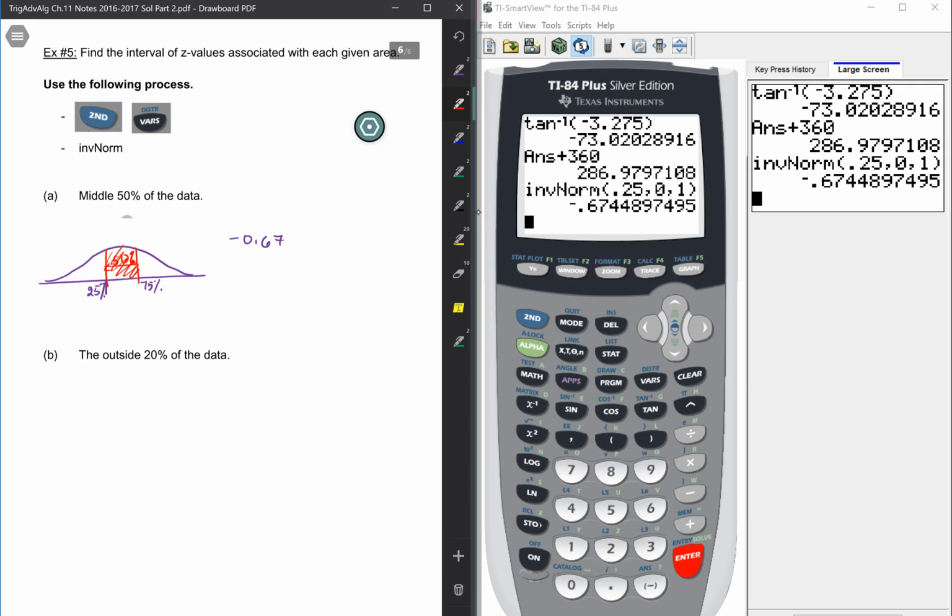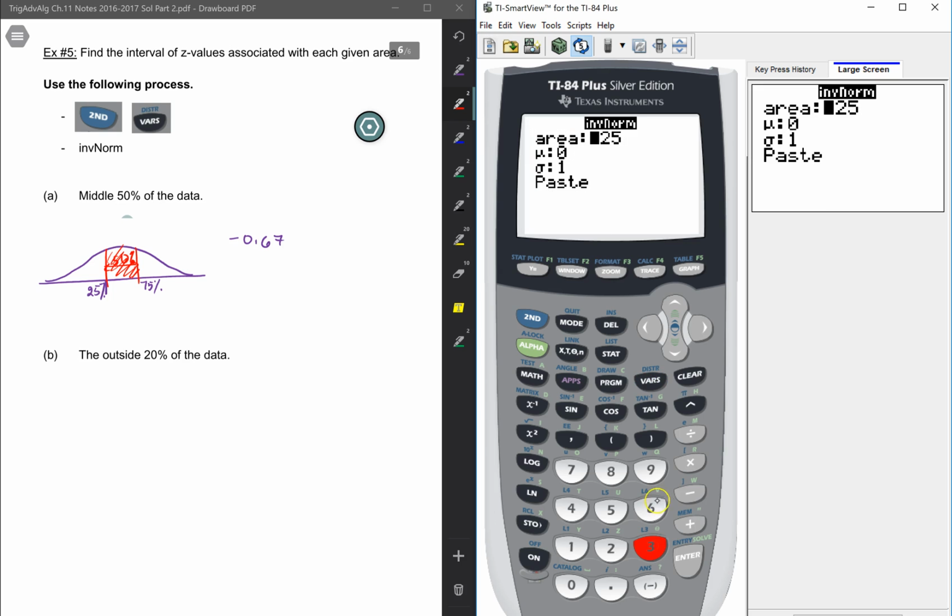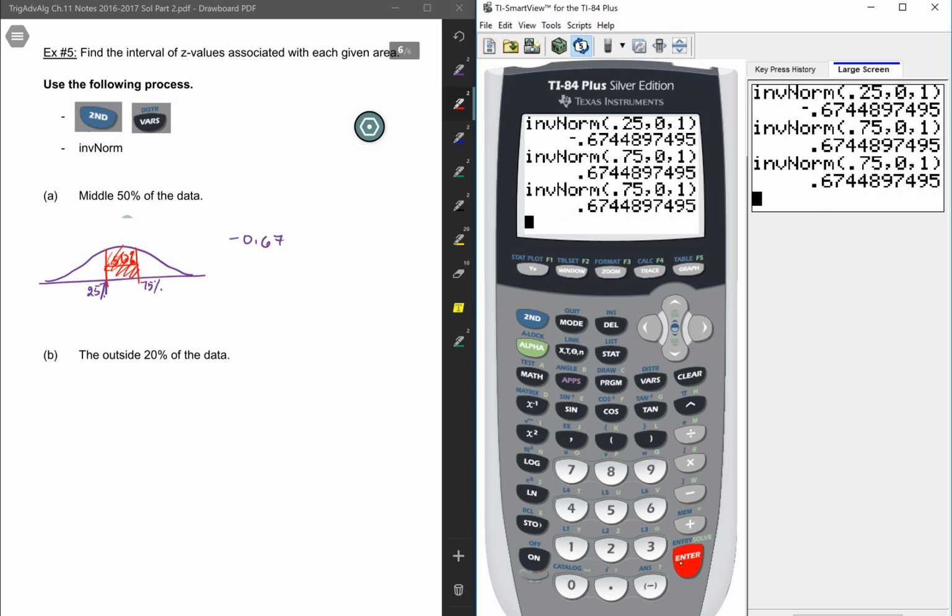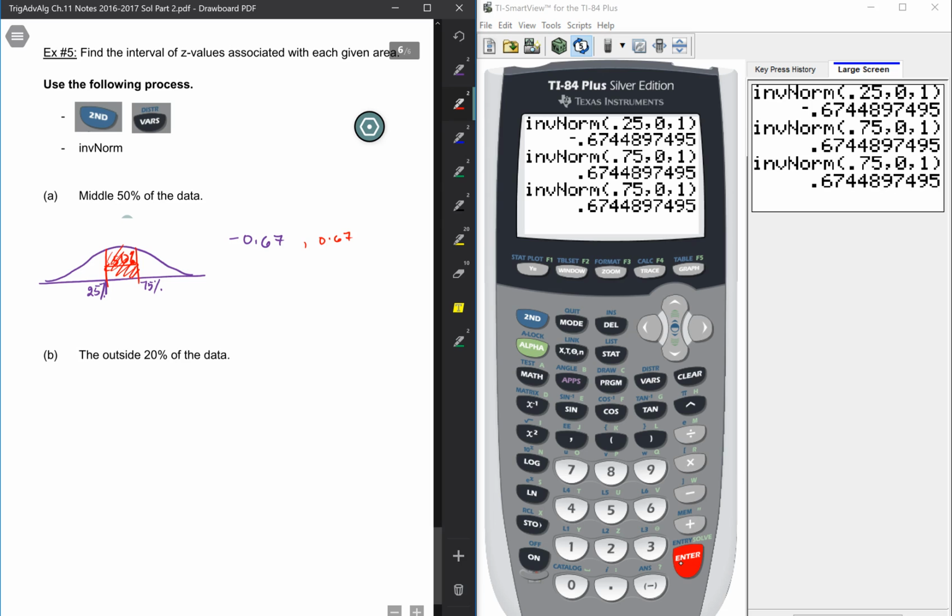Okay, so now we're gonna do this again, but now we're gonna put in the 0.75. So let's do it again. So we're gonna do 0.75, and it's 0.67 this time, right? So what did it want? It wanted an interval of z values.